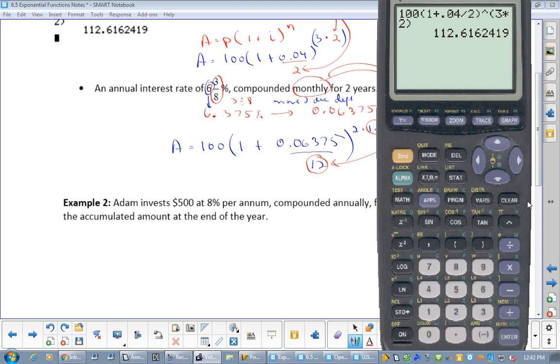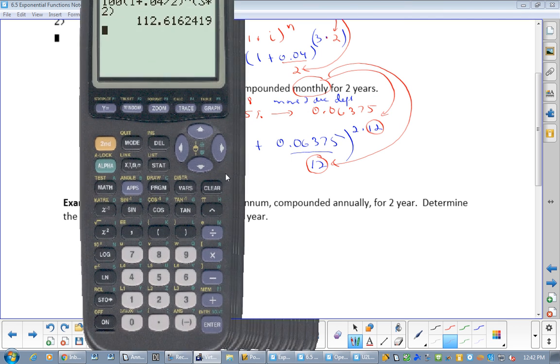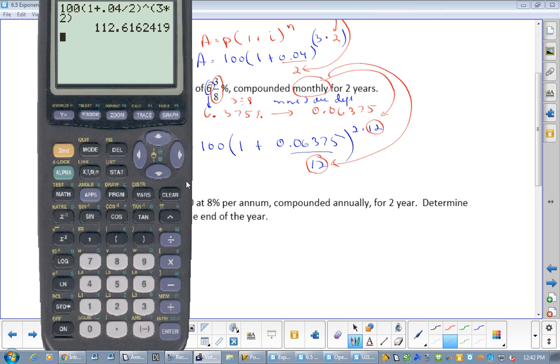Bracket. Crap. I tried to move it and it erased everything on me. 100 times 1 plus 0.06375 divided by 12. Exponent 2 times 12. Okay, does that look right?